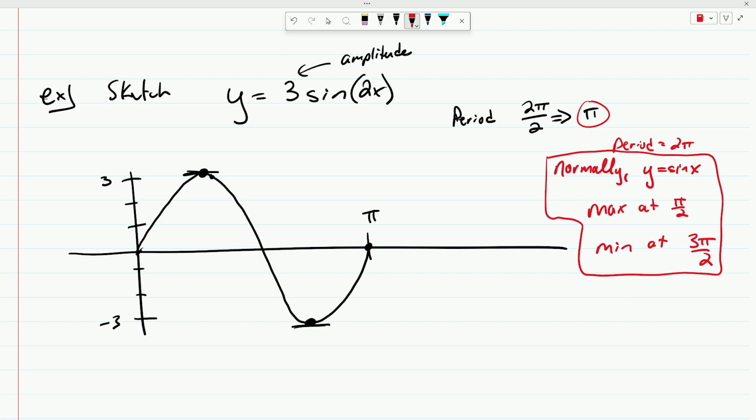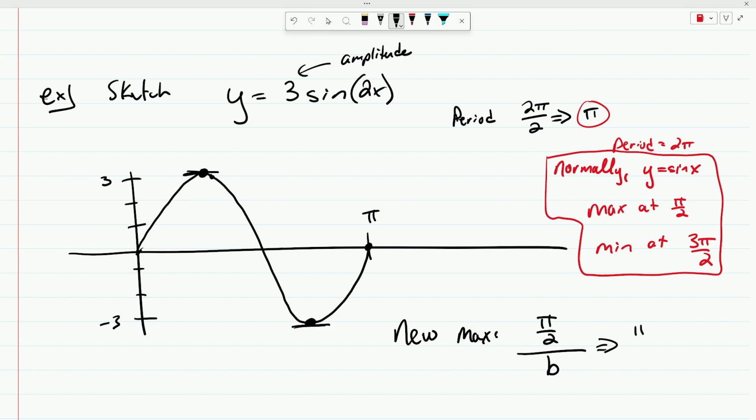So what we're going to have to do for our max is we will adjust by that. So our new max is just going to be pi over 2 divided by b. And in this case, b is equal to 2.